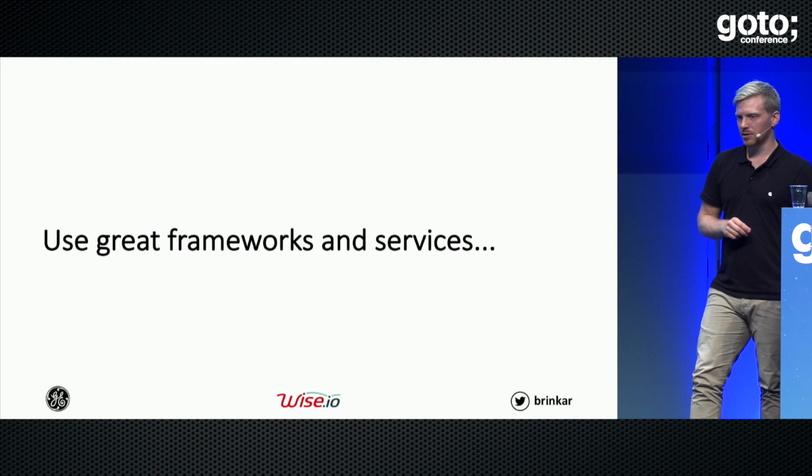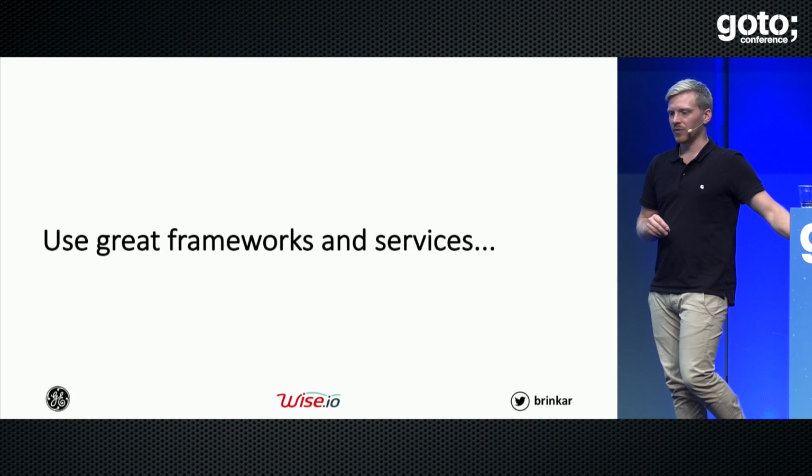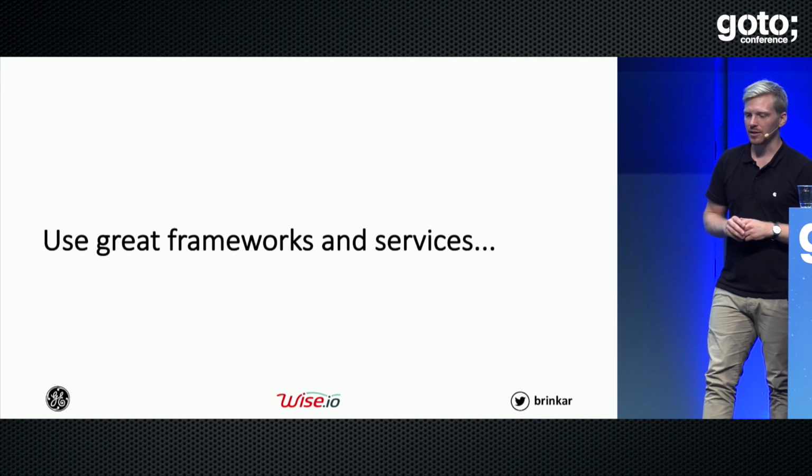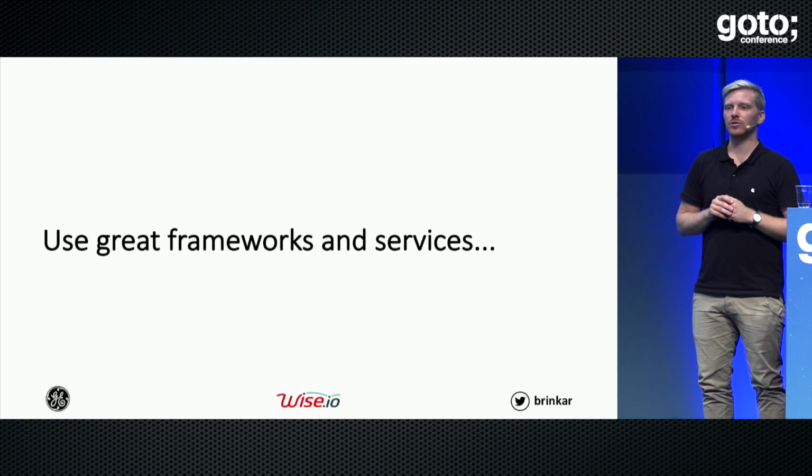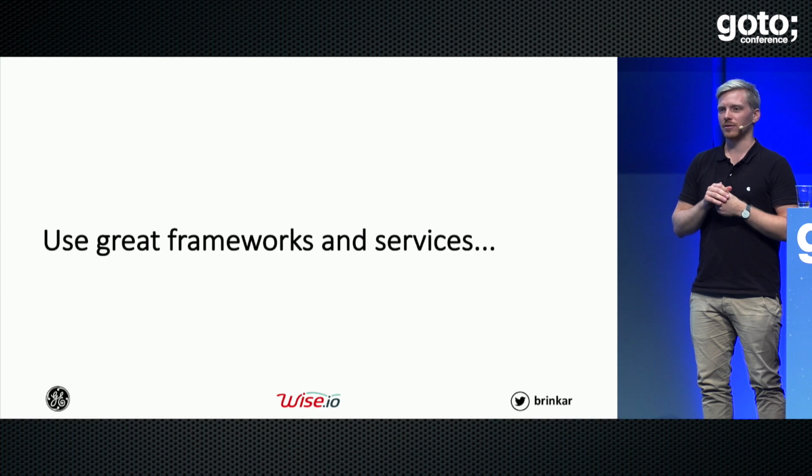Okay, so the last point in the infrastructure part is, you should use great frameworks and services that already exist, right? So we already talked about Jenkins and thinking of the data science machine learning pipeline as an engineering process.